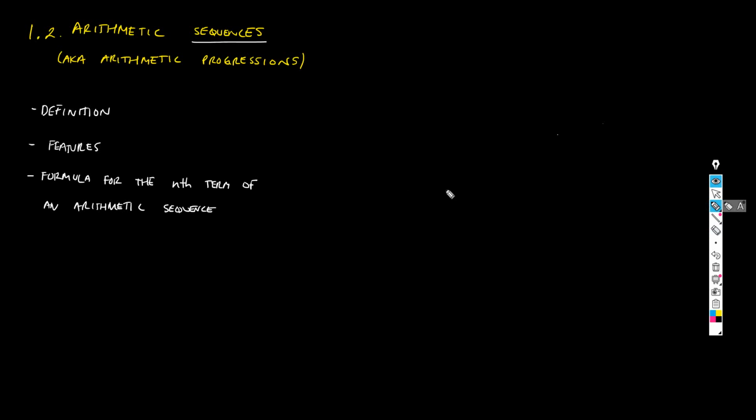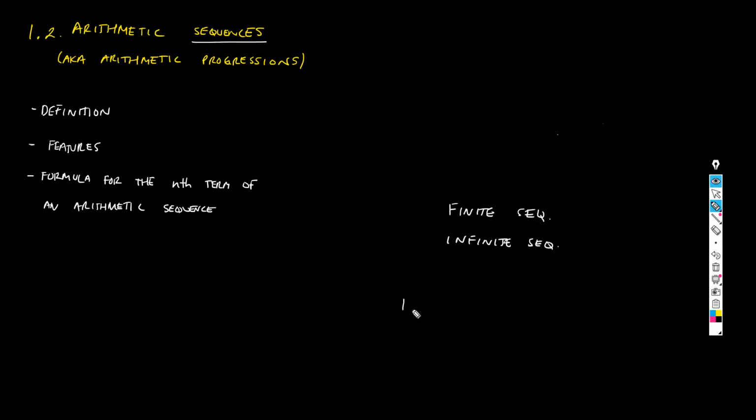Now we have two types of sequences, basically, in regards to how lengthy they are. We have finite sequences, and we also have infinite sequences. And what this means is the following. It's a very simple idea. A finite sequence is when you have a finite number of terms in the sequence.